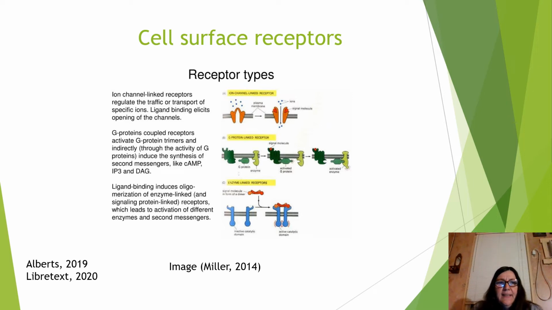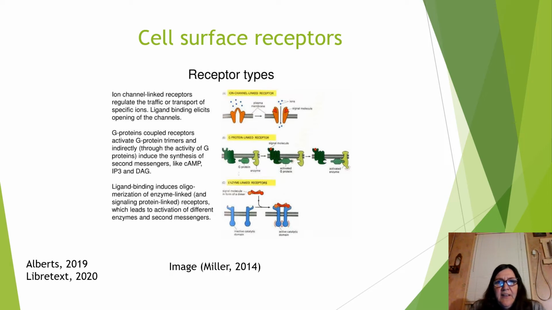The third class is enzyme-coupled receptors. These are transmembrane proteins, which means they have extracellular ligands that bind them on the extracellular side of the membrane. Enzyme-coupled receptors use enzymatic activity and are important in the role of cell apoptosis, cell differentiation, and cell division.